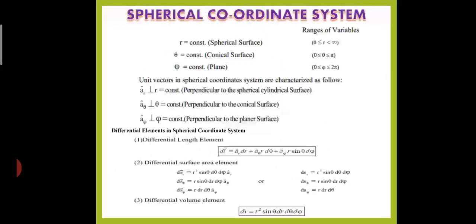The unit vectors in the spherical coordinate system are characterized as follows. In the previous figure, the point r, theta, phi can be represented in the spherical coordinate system as the intersection of 3 surfaces.